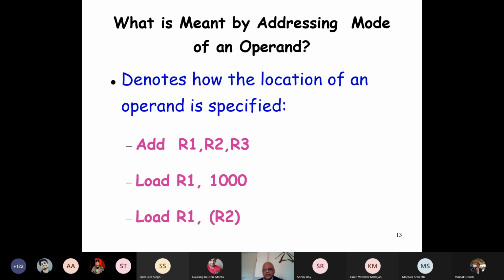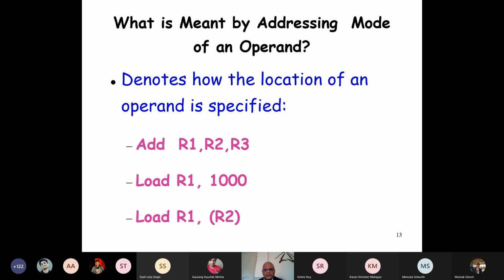Is it in the memory? Is it in a register? Or is it consecutive elements of an array? So the addressing mode denotes how the location of the operand is specified.